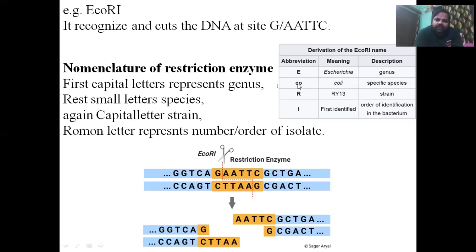As an example, in this slide, E represents Escherichia, the genus of the bacteria. Co means coli, the species of that genus. R is the strain type, and I means the first identified, the order of identification in the bacterium.